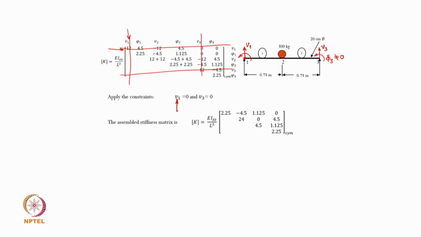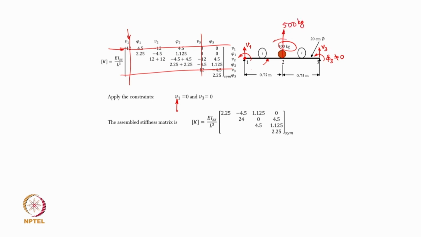Now, this is your global stiffness matrix, and what will be the global mass matrix? Here again let me emphasize that the assumption for us was that in comparison to the mass in the center of the span, the mass of the shaft is negligible, and so we did not really consider the mass of the shaft. Now, this is the mass of the disc, and we are again assuming that it only has a translatory inertia represented by the mass 500 kg here.